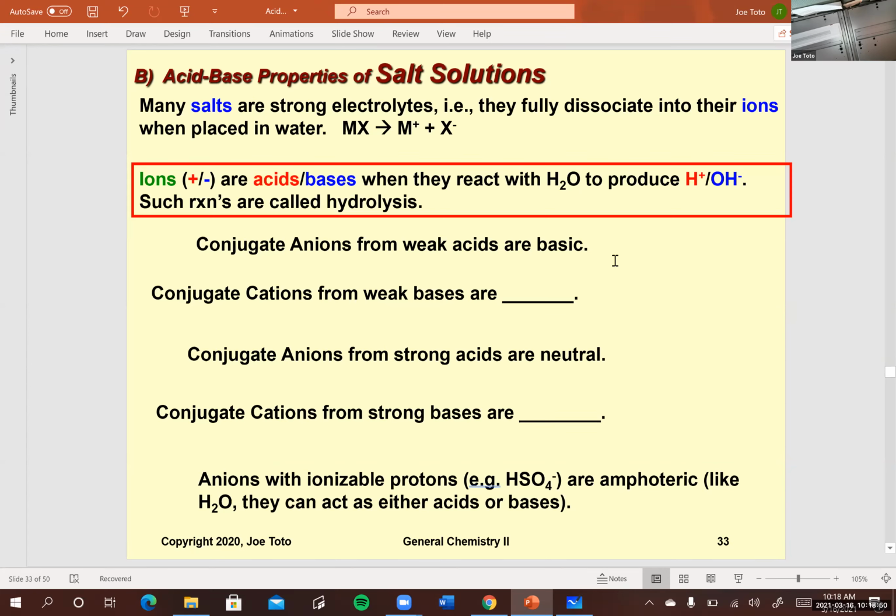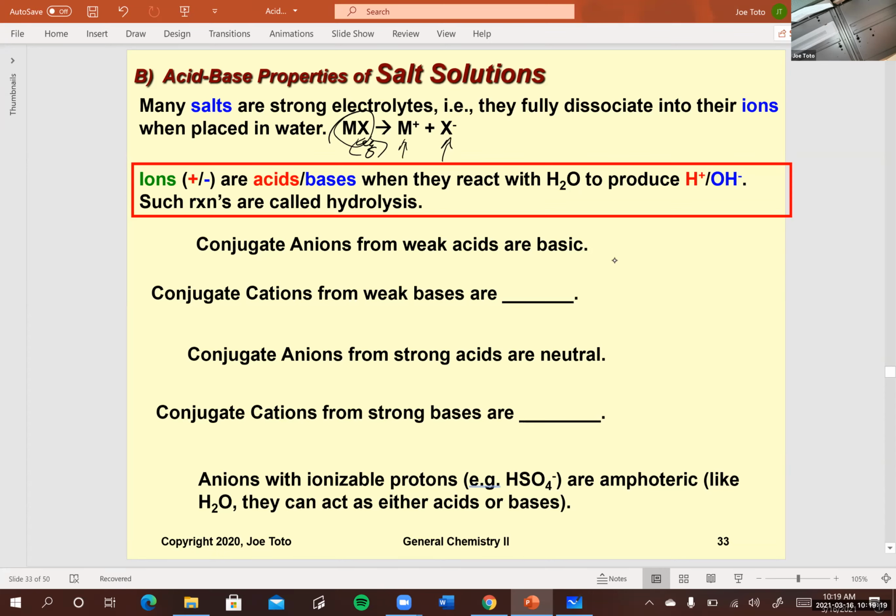many salts in water fully dissociate. So, all right, I make salty water, and I know that aqueous salt in water, from my solubility rules, there's really no salt in there. It's really the ions of the salt.